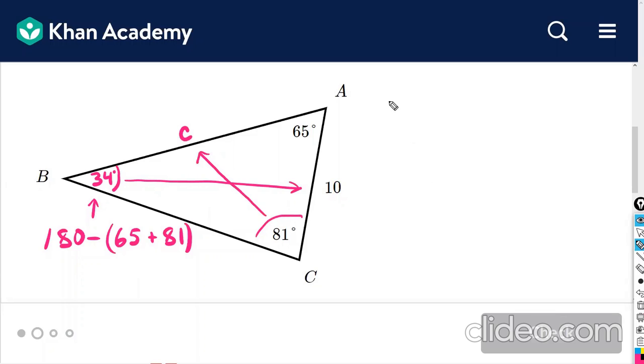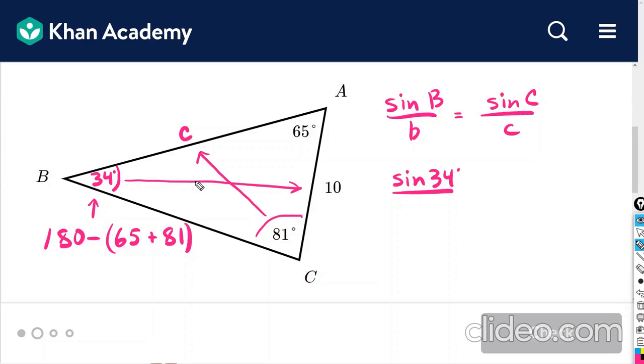All right, so the formula will be sine of B over lowercase b equals sine of C over lowercase c. All right, we can see angle B is 34. So that's going to be the sine of 34.